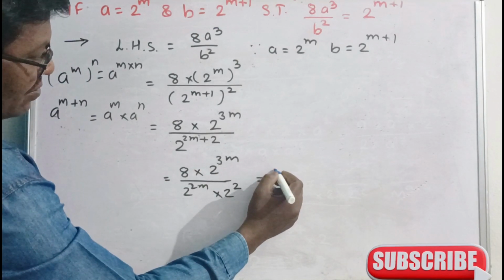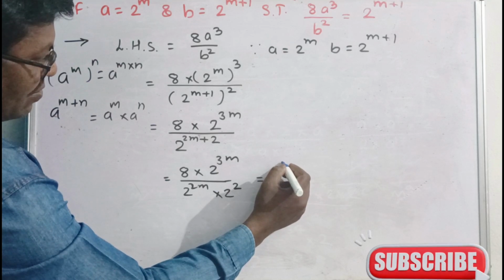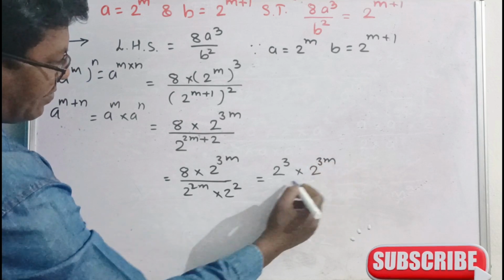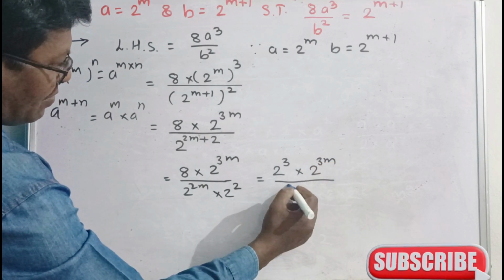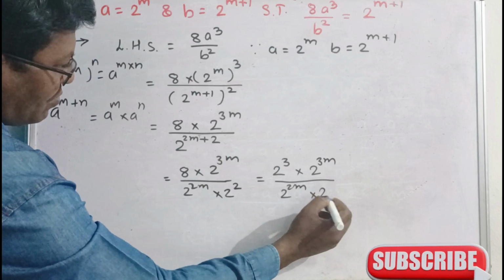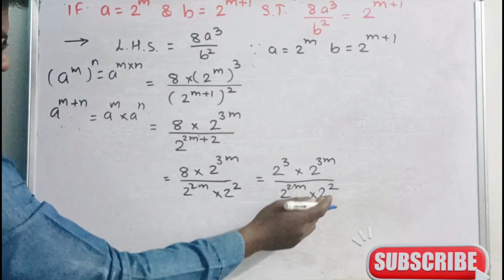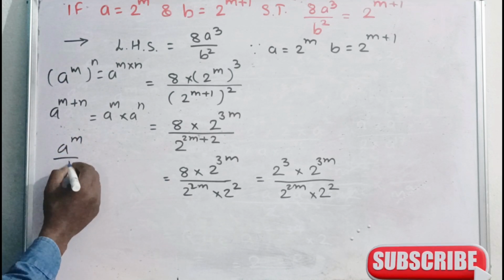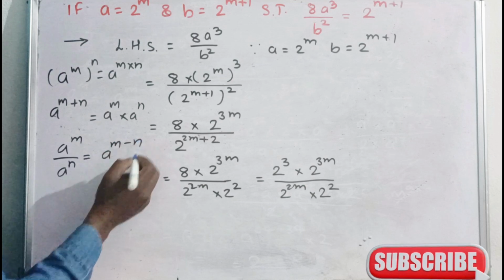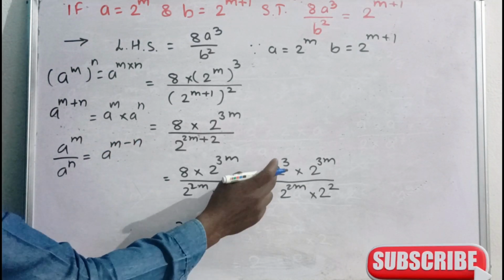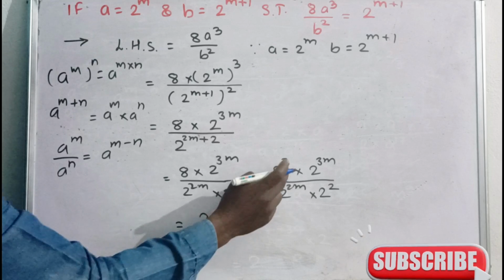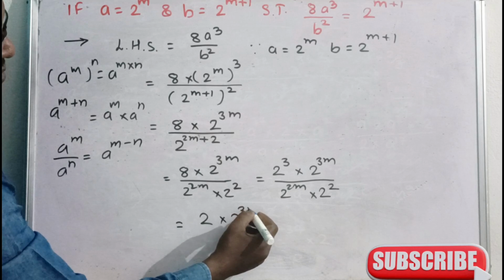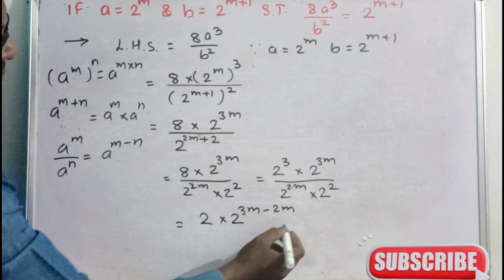It is equal to 2 raised to the power 3 into 2 raised to the power 3m divided by 2 raised to the power 2m into 2 raised to the power 2. Here again, a raised to the power m divided by a raised to the power n is nothing but m minus n. Then simply what remains is 2 raised to the power 3 minus 2 into 2 raised to the power 3m minus 2m.